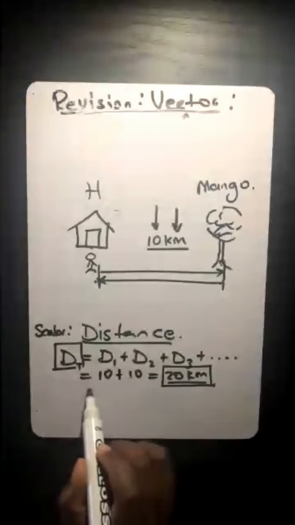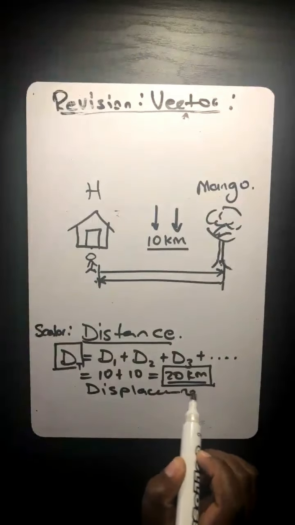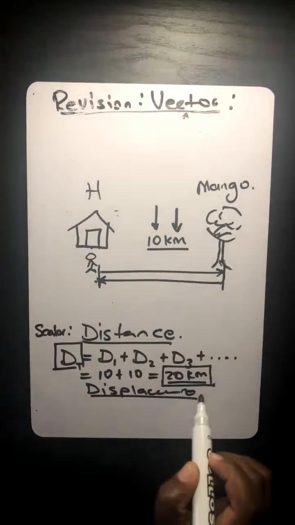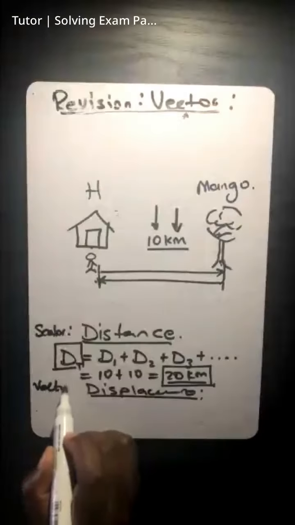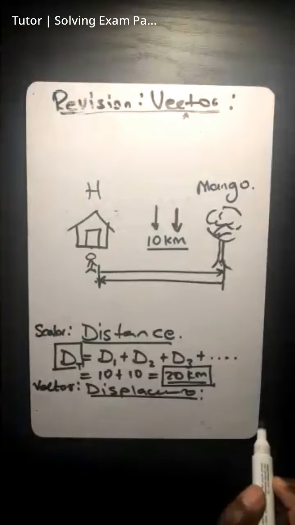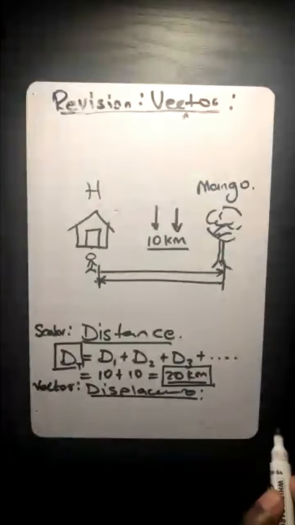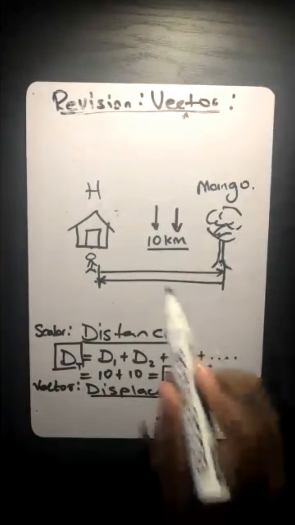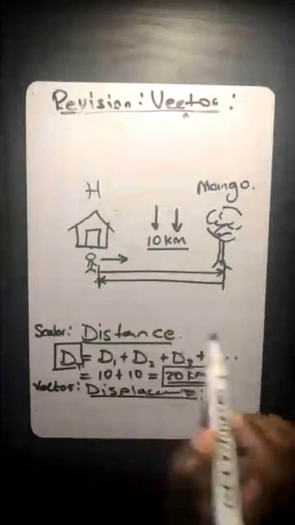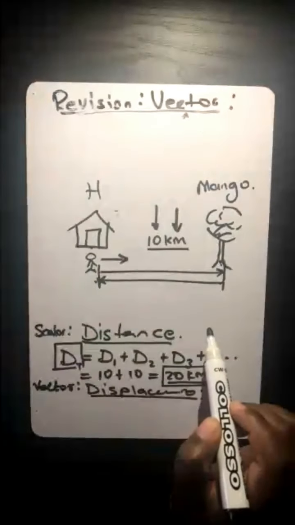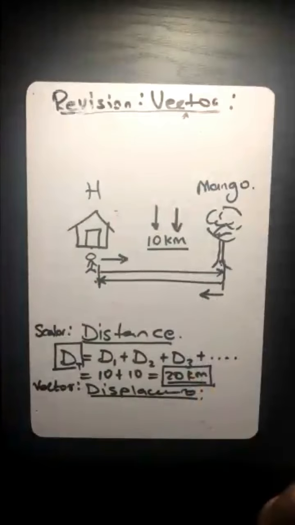But when we calculate a displacement, guys, it's a vector quantity. When it's a vector quantity, what does it mean? It means we take into consideration the direction. So let's say you travel in that direction, and obviously when you come back, you'll be traveling in that direction.